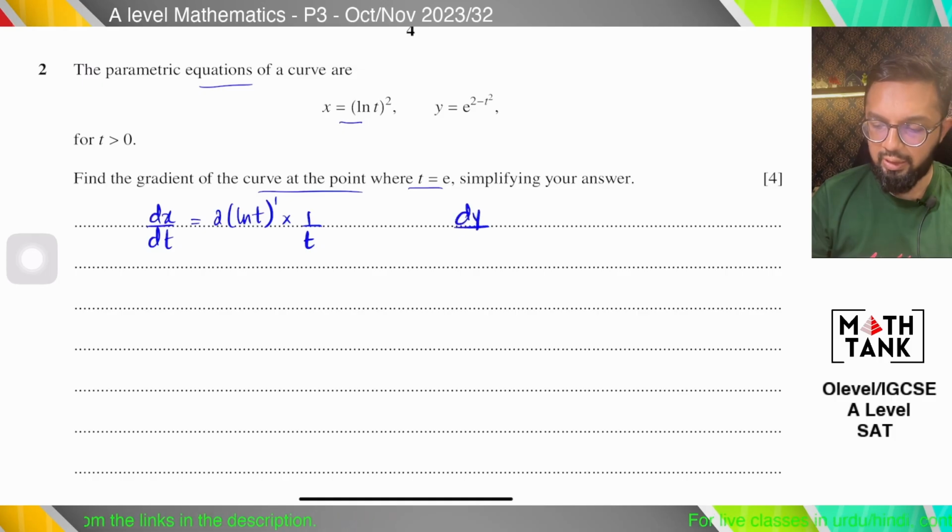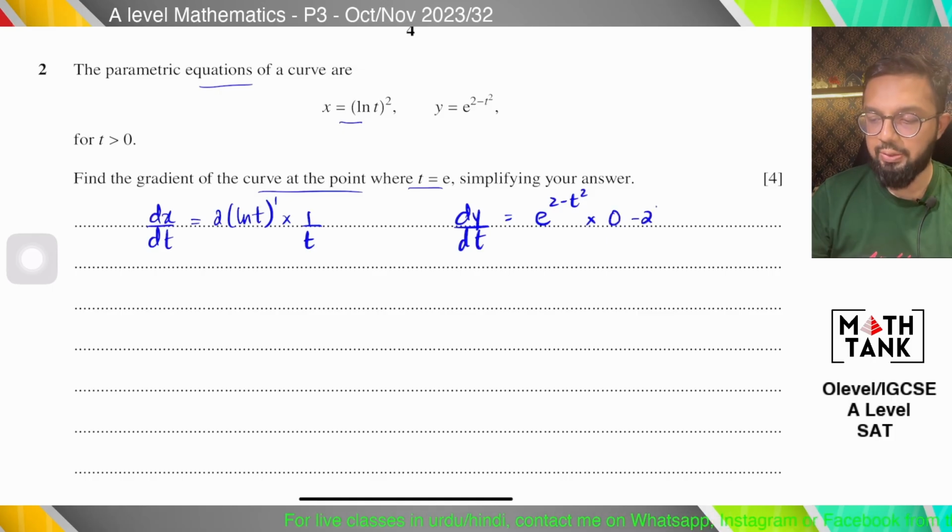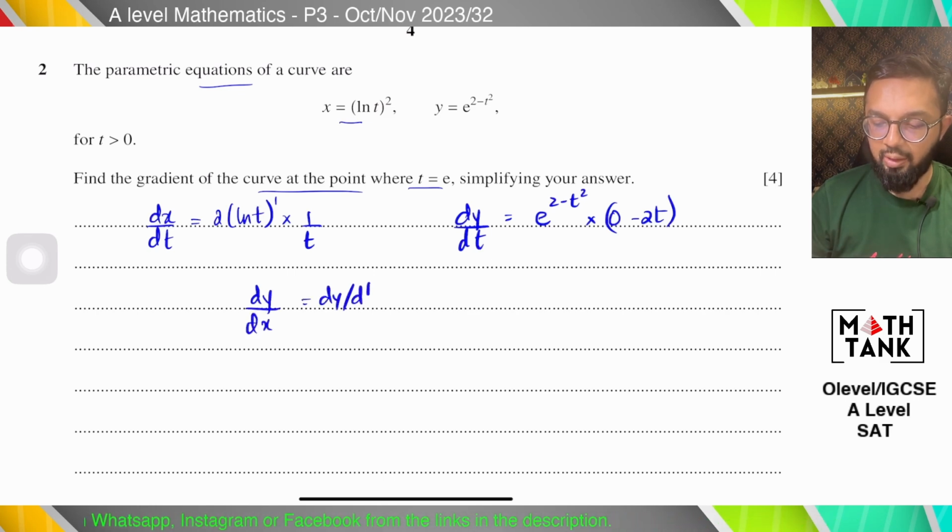And dy over dt is basically e power 2 minus t square into 0 minus 2t, the differential of the power basically. So dy over dx is dy over dt divided by dx over dt.